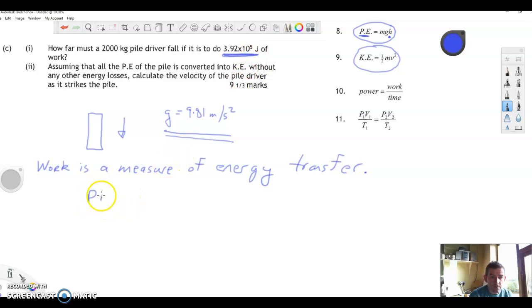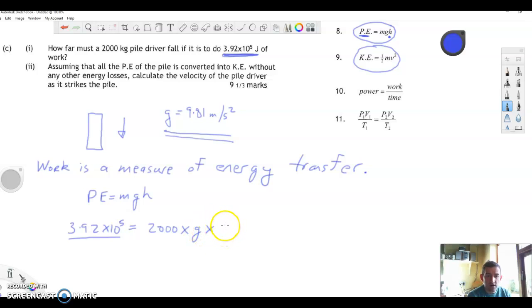Potential energy equals mgh, so we can sub in 3.92 by 10 to the 5, because that's the amount of potential energy transferred into kinetic energy to do this work. That's the mass, 2000, multiplied by g, which is 9.81, multiplied by the height, which we don't know.